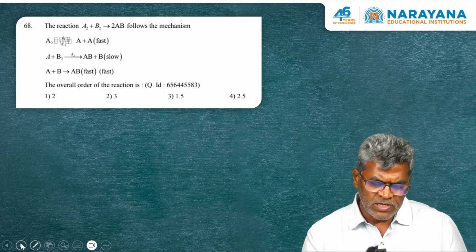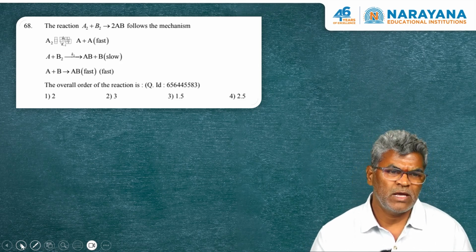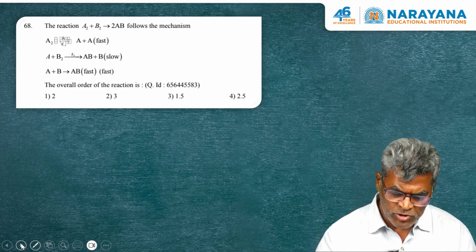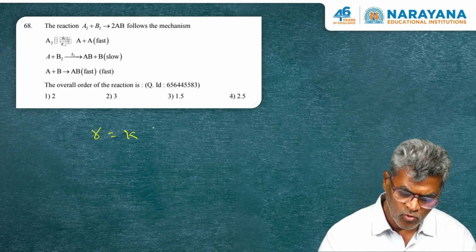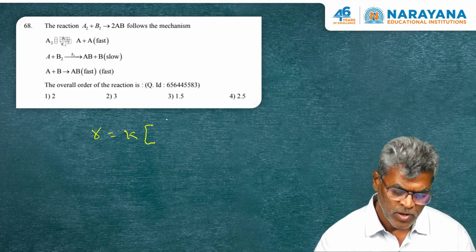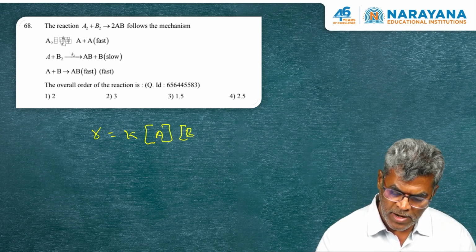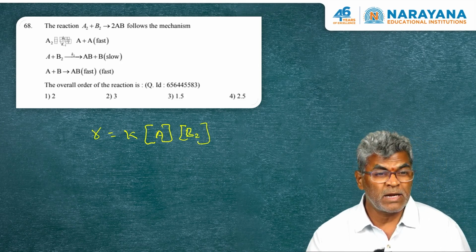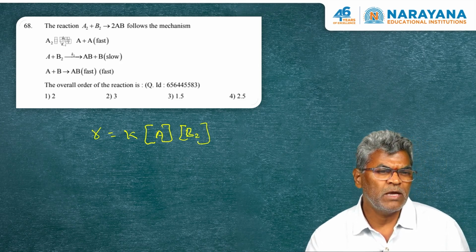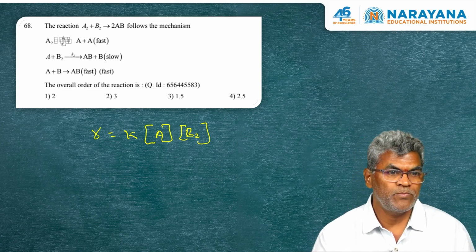68 question, if you see that, we need to find out the order of the reaction. Yes, order of the reaction, first you write the rate expression, R is equal to K into, for slowest step you need to write. So, that is why A and B2 we write, B2. Since A is not the reactant given, it is one of the intermediates formed. So, you need to write first step equilibrium.